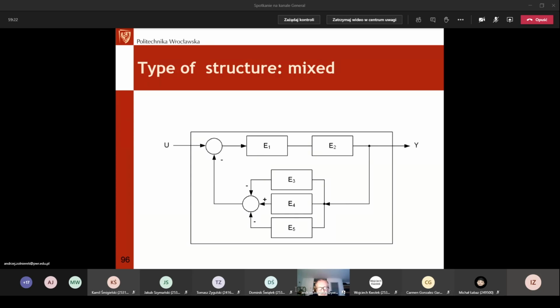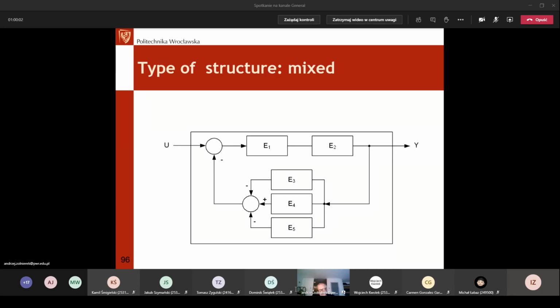But if we deal with dynamic elements of different properties, seeing such a structure and knowing the description of each element, I cannot say what the behavior of the whole system will be. I must aggregate these elements into the form of one equivalent mathematical element. Then, studying the properties of this mathematical element, I can tell you what the behavior of my system will be.